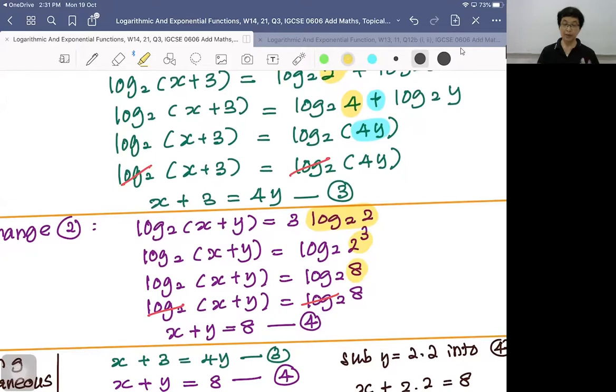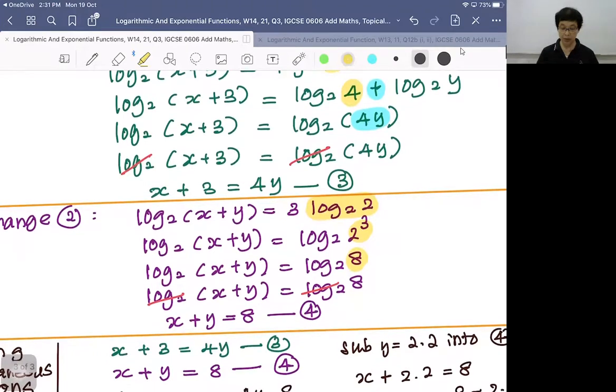Then the same thing happens here. Both sides of the equation carry only a single logarithm, so you can cancel out the log because they are on the same base.